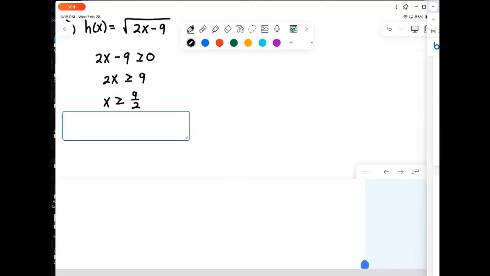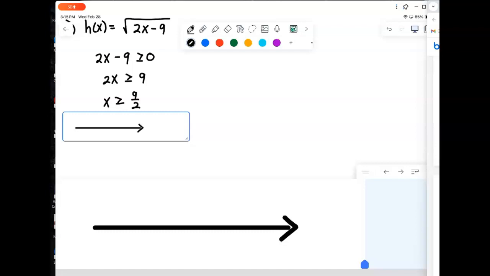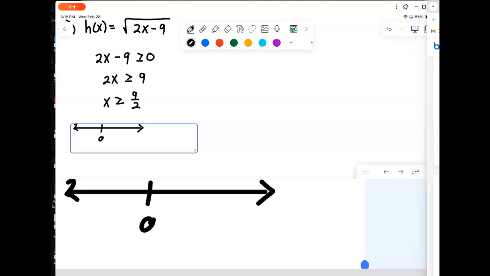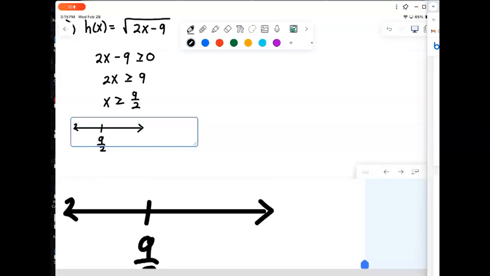And so now we want to write that answer in interval notation so that we can write out our domain in interval notation here. Okay, so we do that. So coming to my number line here, again, if you're comfortable doing these without having to write out the number line, that is great.